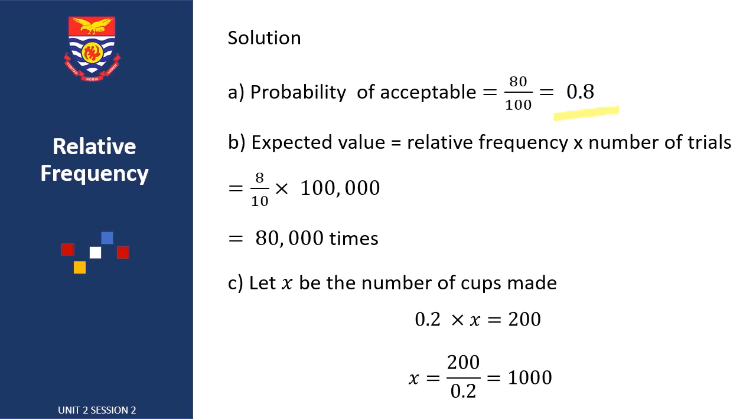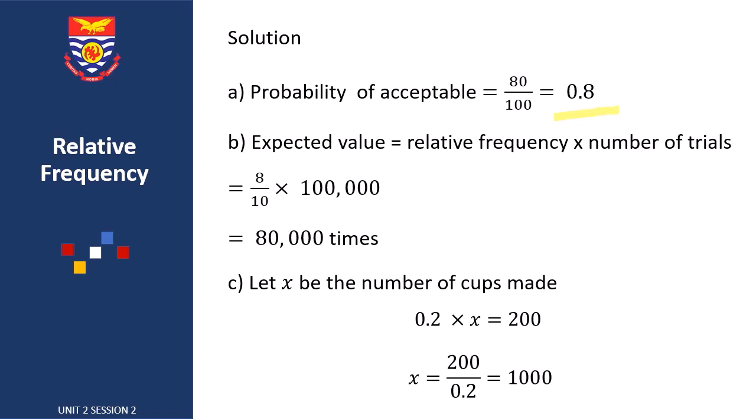Now the B part. We're told that 100,000 cups were made. What's the probability of observing an acceptable one? Remember that the probability of an acceptable cup is 8 over 10, or 0.8.